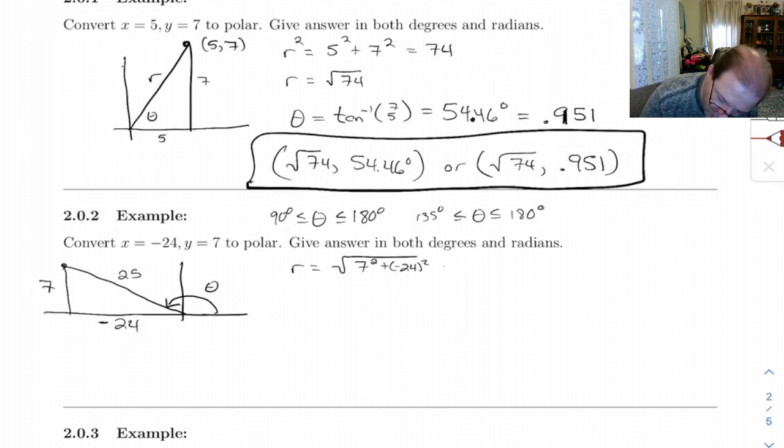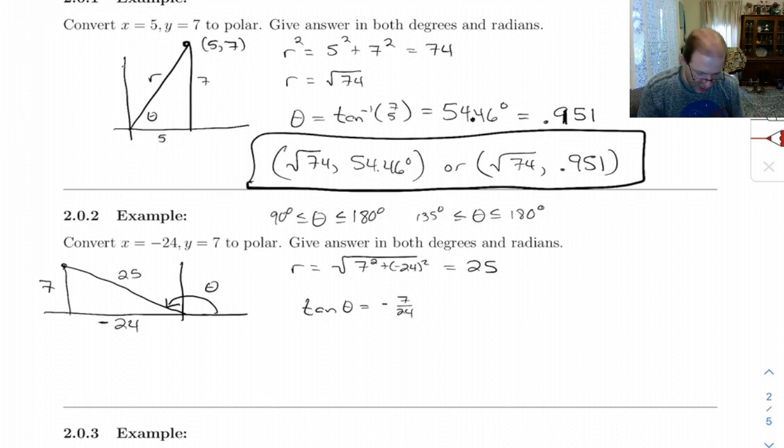All right, so r is 25. Now tan theta is going to be negative 7 over 24.